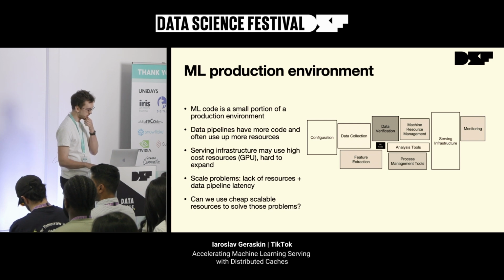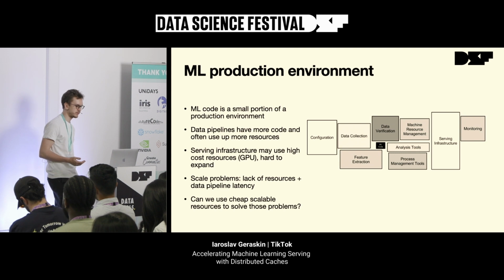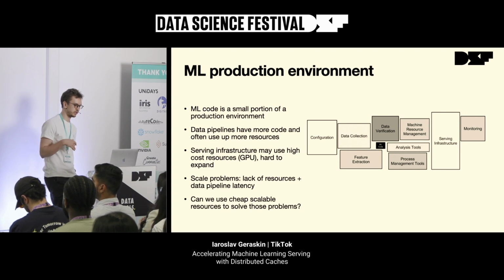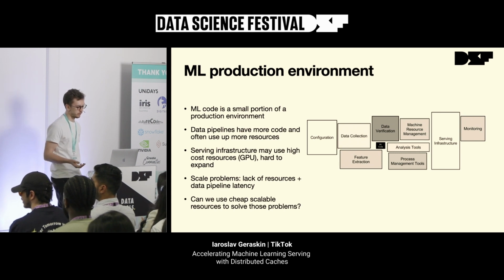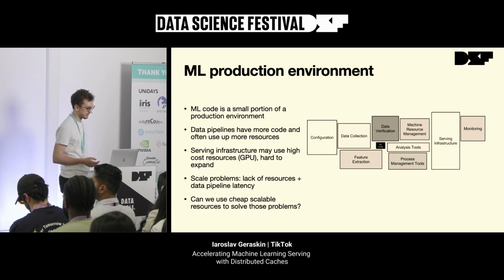So the question is, can we use some cheap resources, scalable resources and frameworks to achieve good results without using a lot of expensive hardware or running a lot of computation?